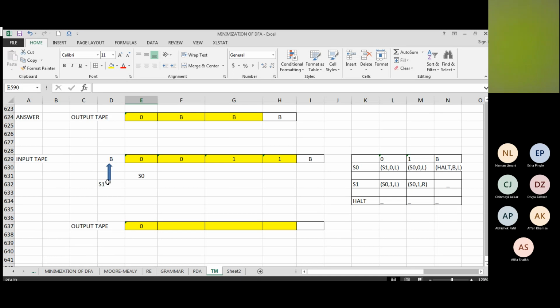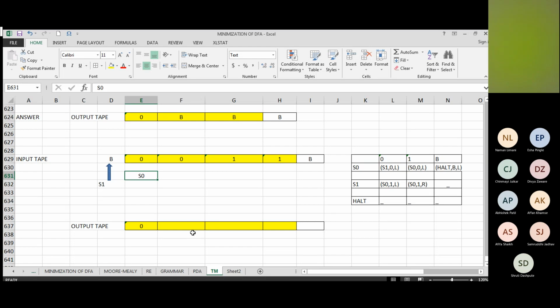So it is not ending in halt state, rather it is stuck in S1, and for S1 the rule or transition on blank is not defined. So this is what you get when you process 0011 starting with S0 initial state.